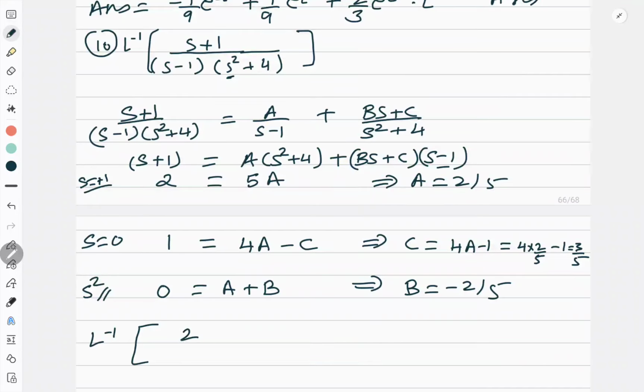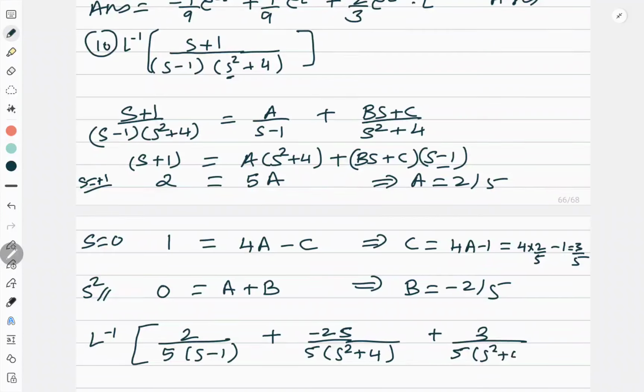A is 2 by 5, so 2 by 5 upon s minus 1, plus Bs upon s square plus 4. B is minus 2 by 5, so minus 2 by 5 s upon s square plus 4. Then plus C upon s square plus 4, where C is 3 by 5, so 3 by 5 upon s square plus 4.